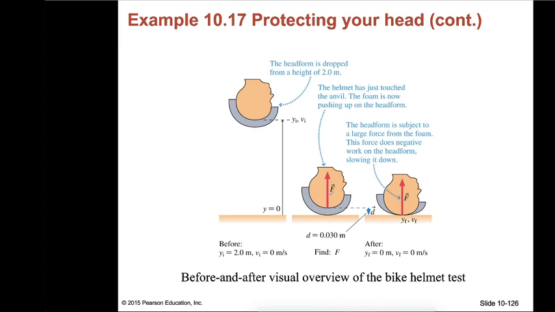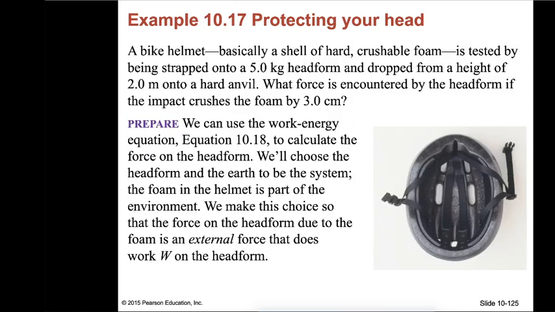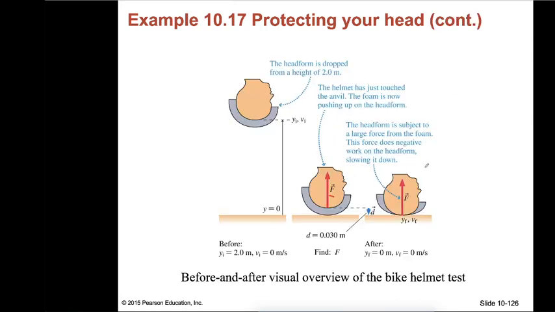So the force is doing some work over a distance of d, and we know this distance is 3 centimeters. This work will be the change of the energy. So the change of energy is from here to there. The change of energy is the gravitational potential energy.